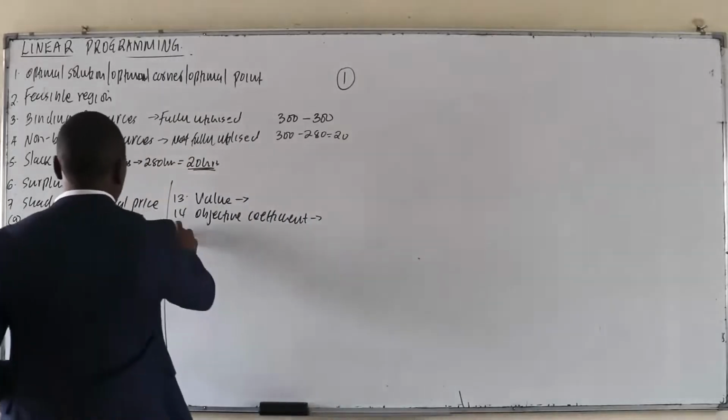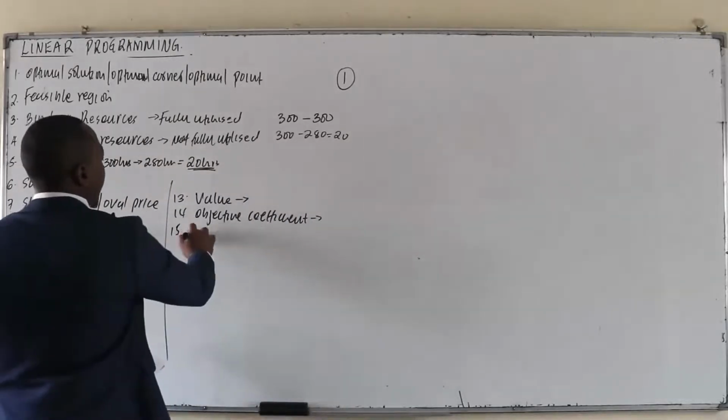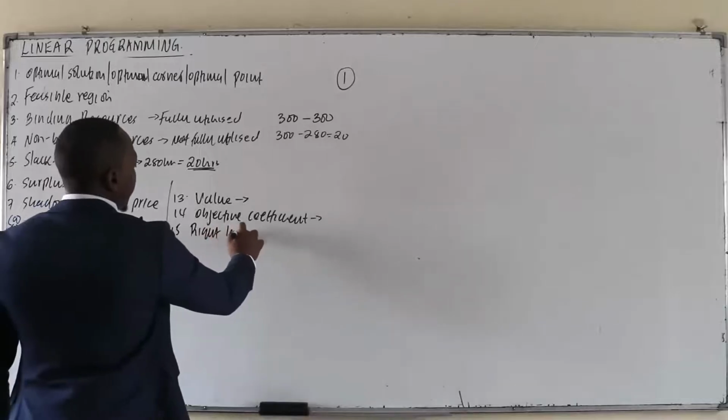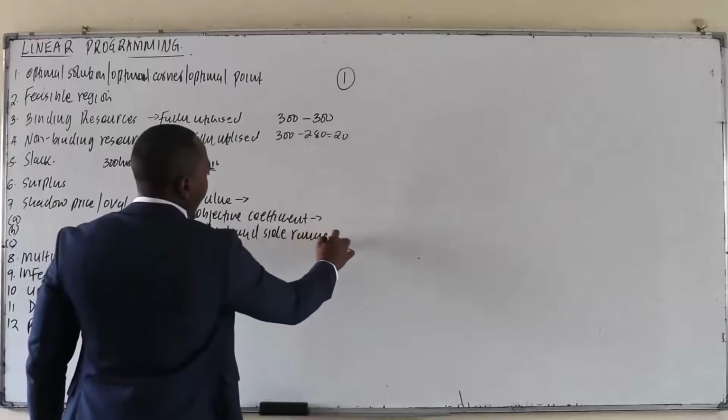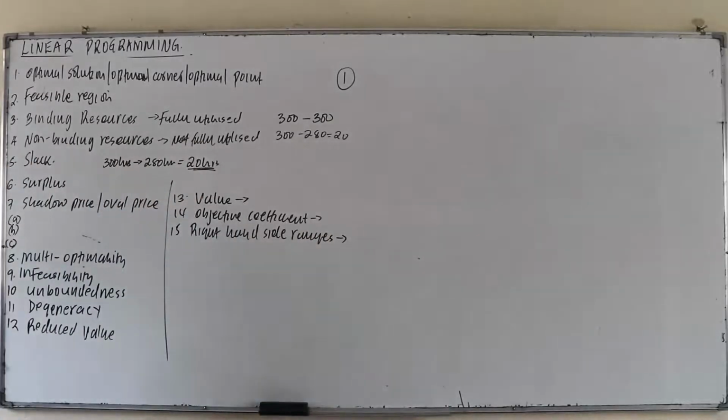And then number 15, right-hand side ranges. This means constraints, stroke limiting factor.